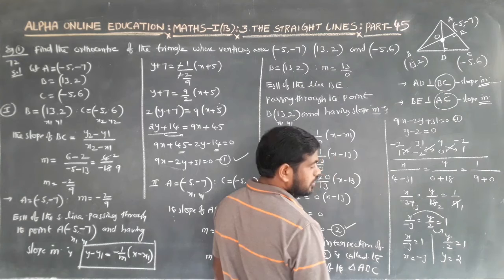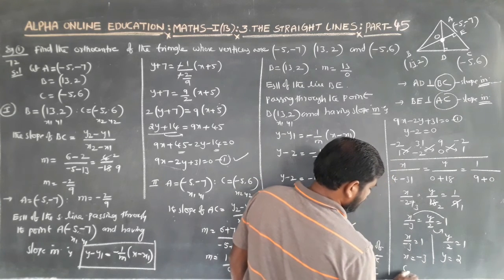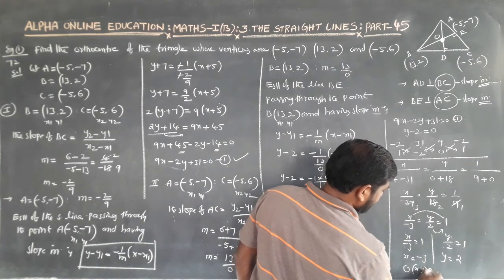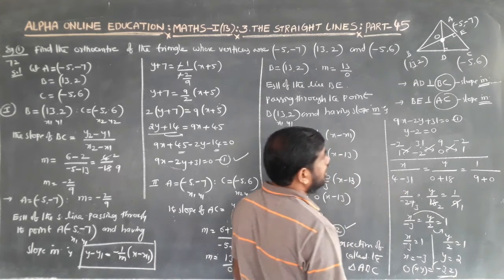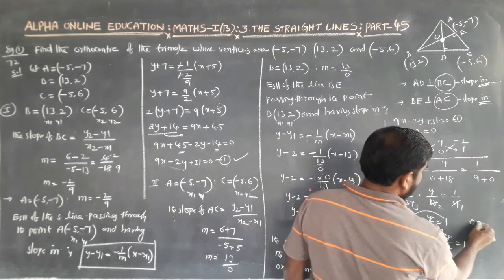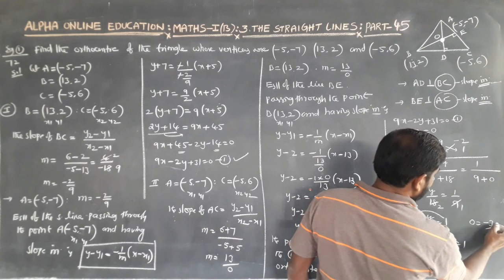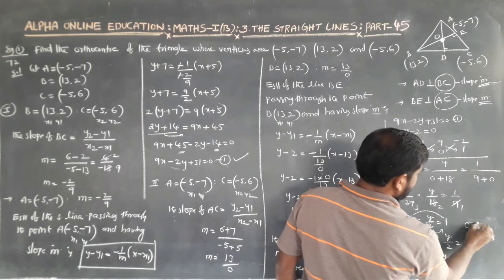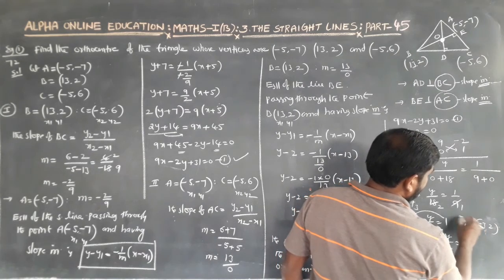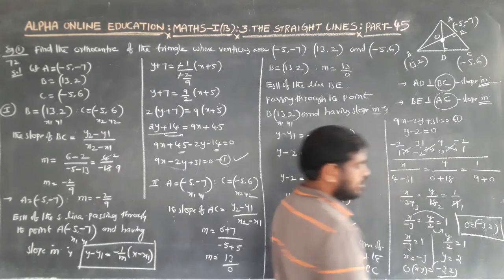Therefore the orthocenter (x, y) is (-3, 2). That is the answer.